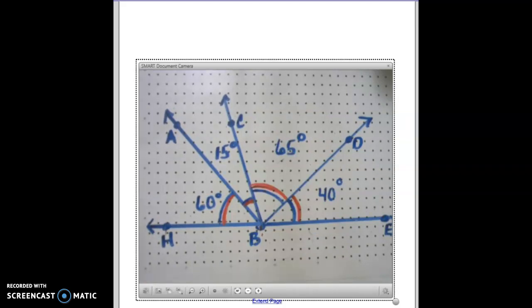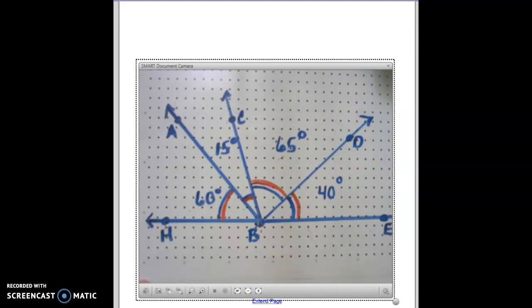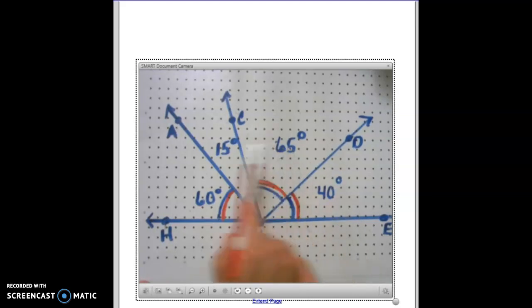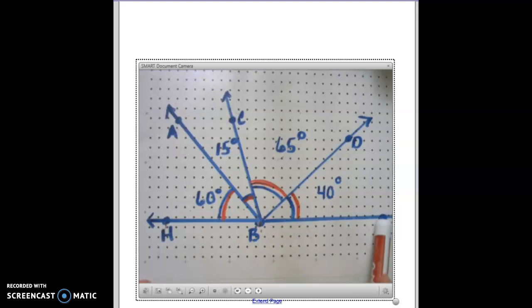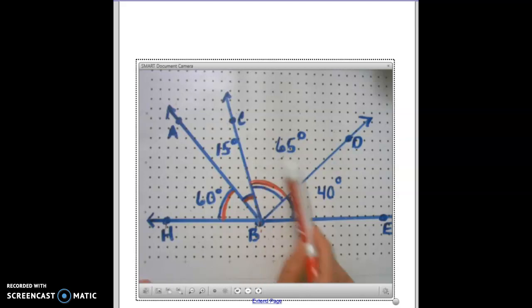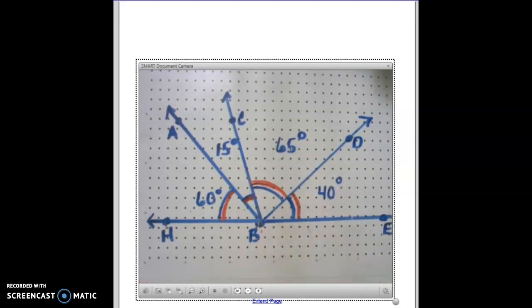So I have created angles. I've composed several angles. Add them all together, 60 and 40 is 100, plus 65, plus 15. That's 180 from here to here. There's another straight angle composed of 1, 2, 3, 4 angles. We can compose angles. We can add them together to create a new angle. That's our lesson for today.